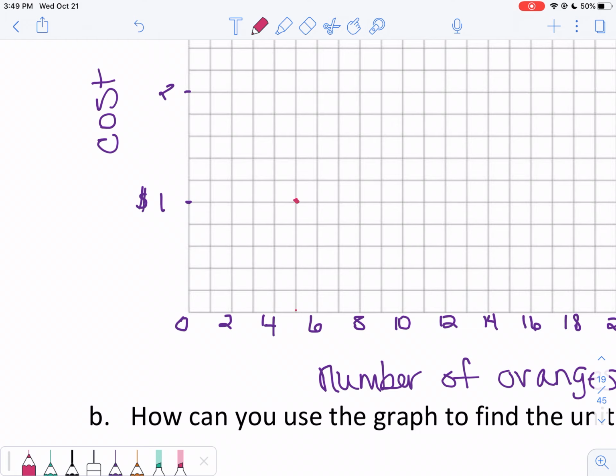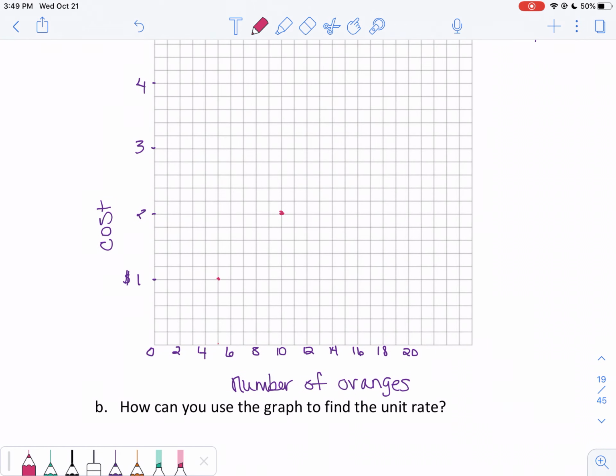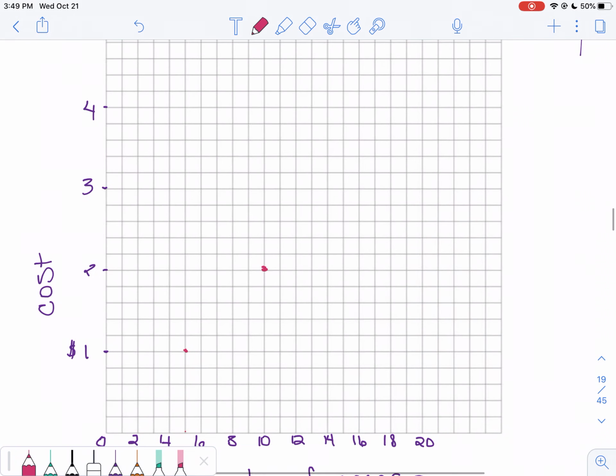Okay, so 10 oranges cost $2. So then 15 oranges are going to cost how much? 15 oranges are going to cost $3.